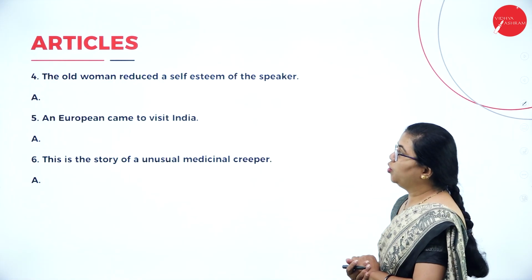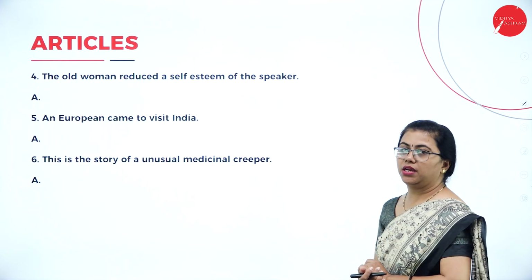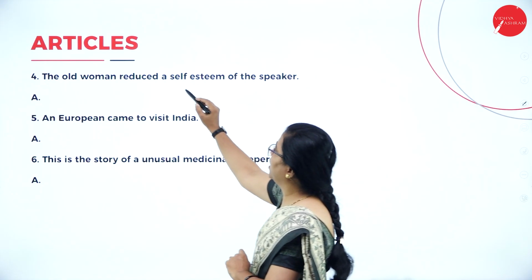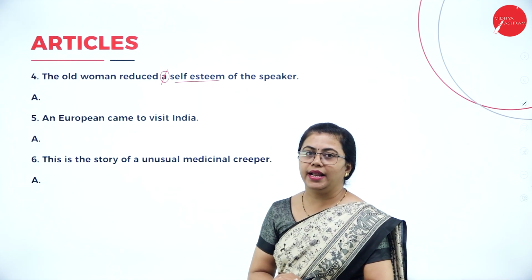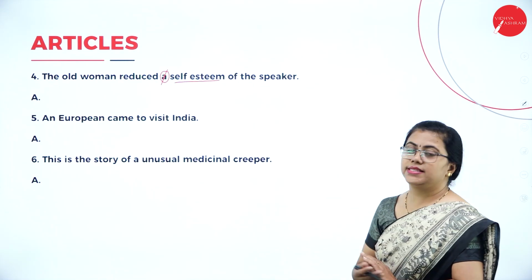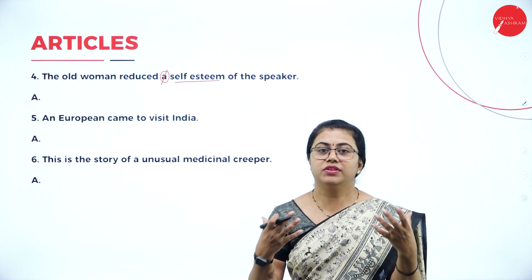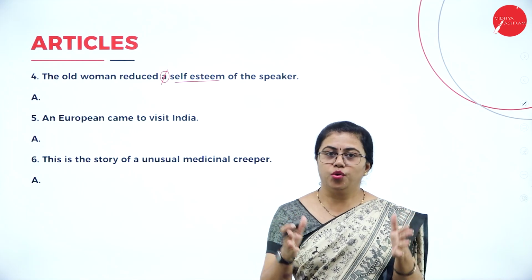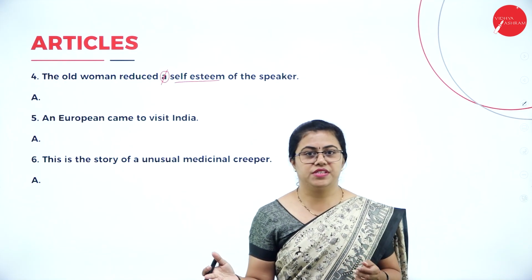That is, the old woman reduced a self-esteem of the speaker. Whenever you are talking about self-esteem, you should not use any article at all, because that is an abstract noun. You're talking about something which cannot be seen. Only you can experience that, but you cannot see. It is out of your five senses.